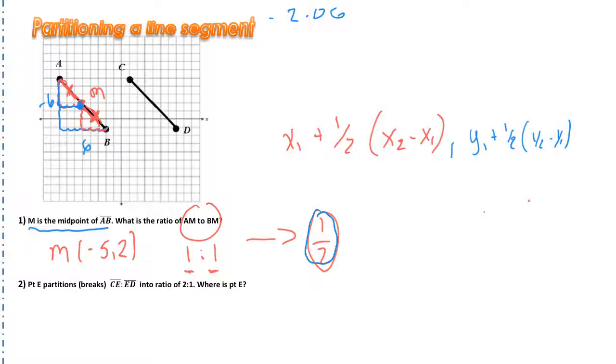So we're going to talk about now how to break CD into a different ratio. So if I want to put point E on this line CD, so that C to E to E to D is a ratio of 2-to-1.